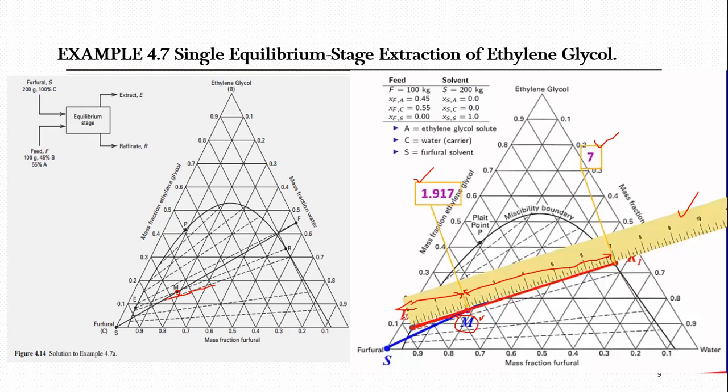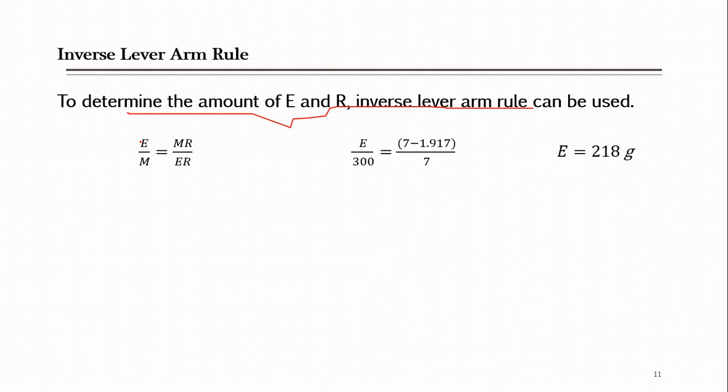Suppose I want to find the value of E and I will relate it with M, E over M. The formula is E over M is equal to MR over ER. E over M is equal to MR over ER.